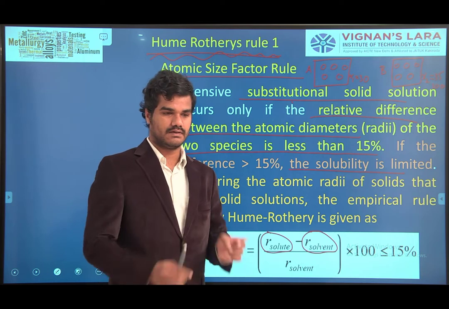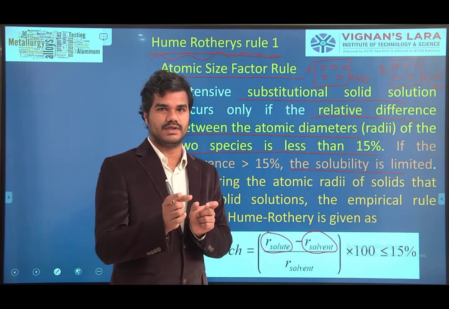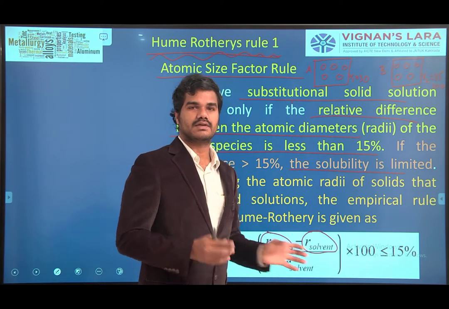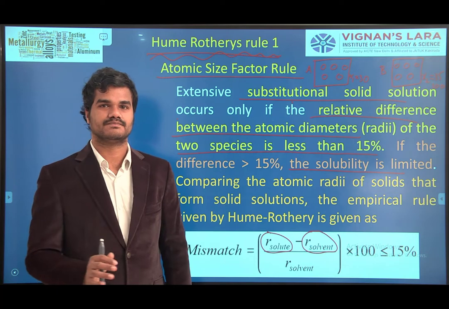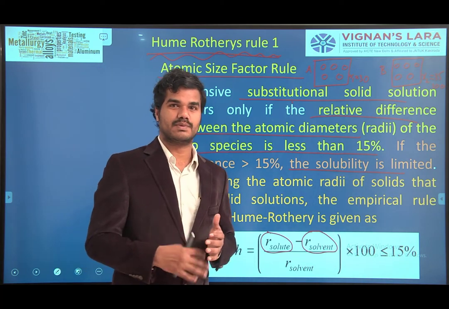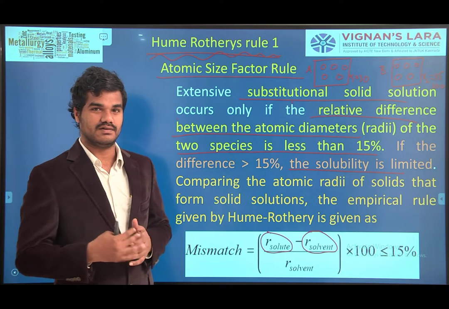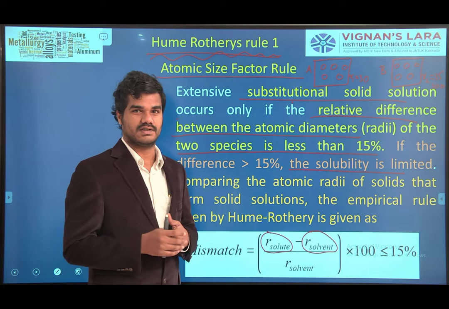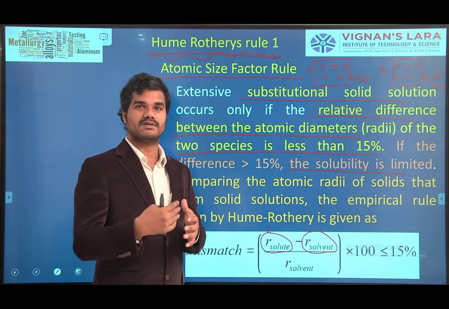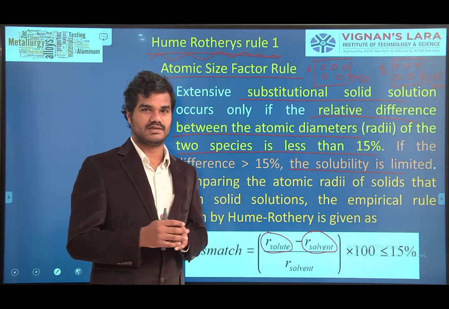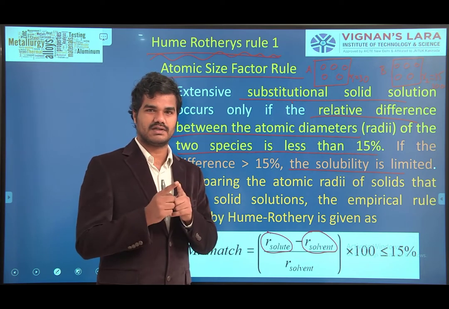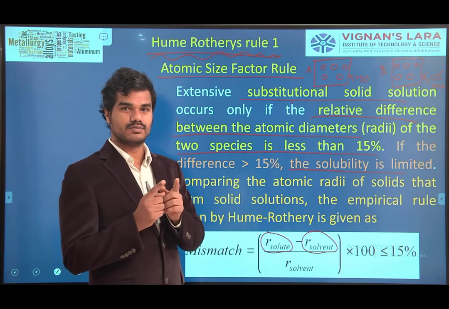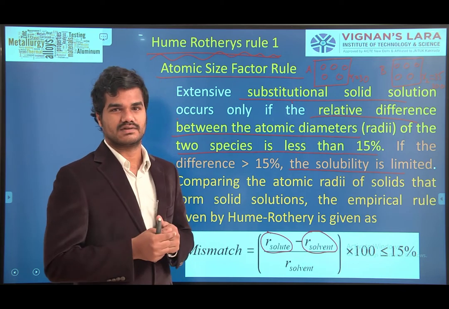You have atomic radius of A, you have atomic radius of B. If you substitute in this and get less than 15%, then you can combine those two materials. Very simple definition: A and B you can combine when the relative difference between both atomic radii is less than 15%.